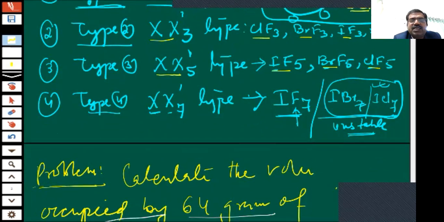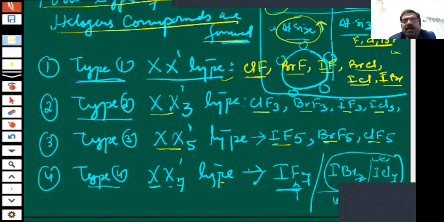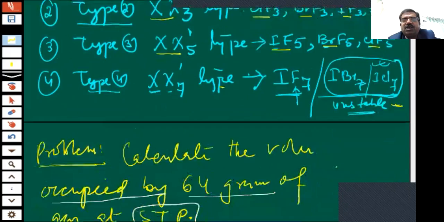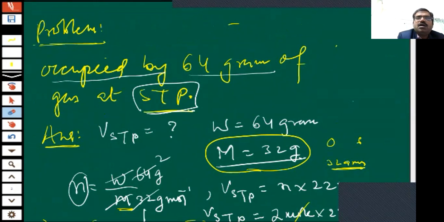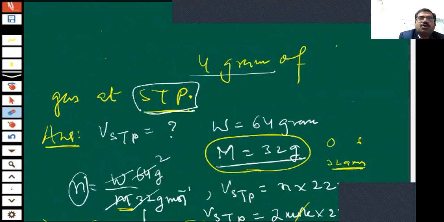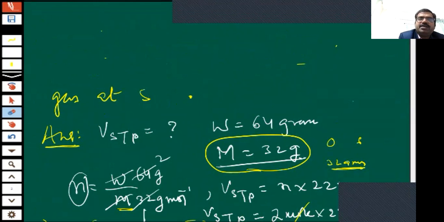And XX'7 type: IF7. I told you the XX'7 type are unstable, and I will give you the reason why. Before that, let us consider shape, hybridization and number of lone pairs, since many questions come on shape and hybridization.